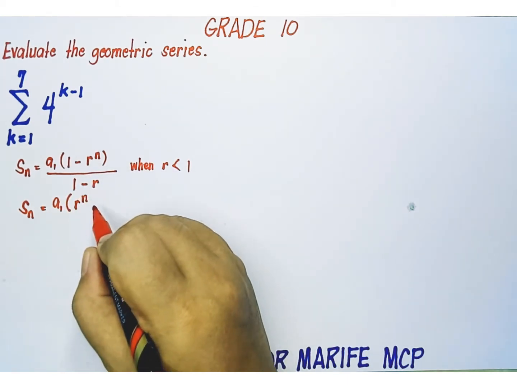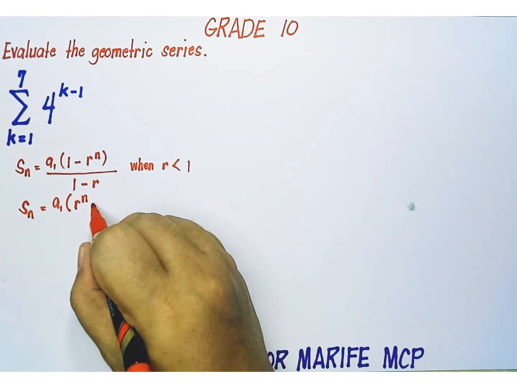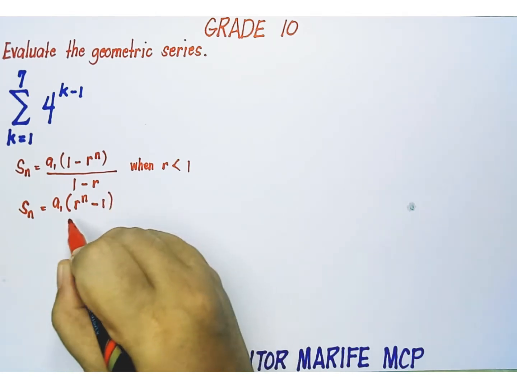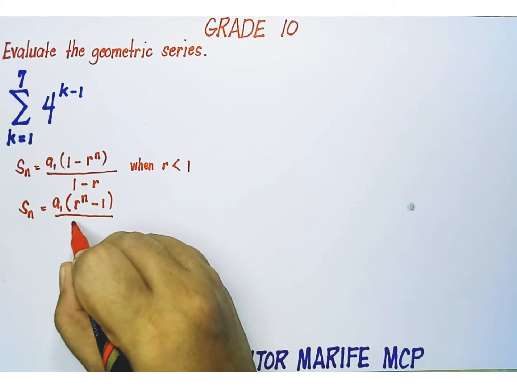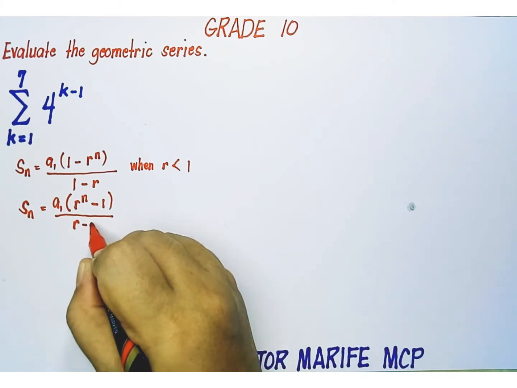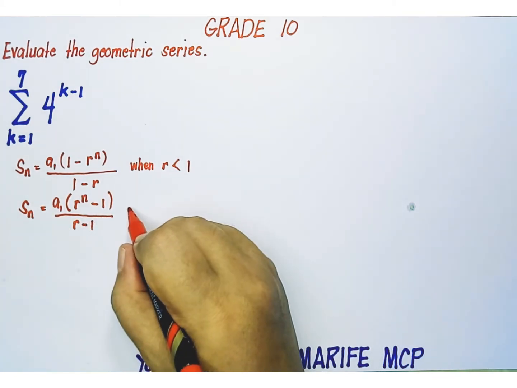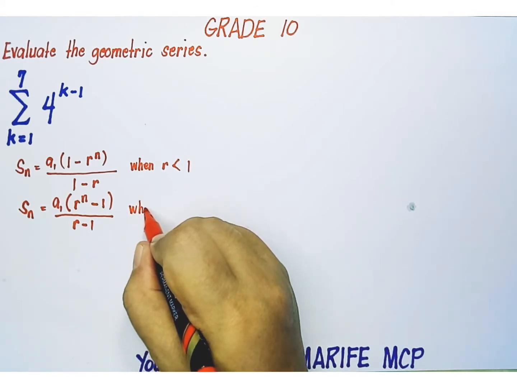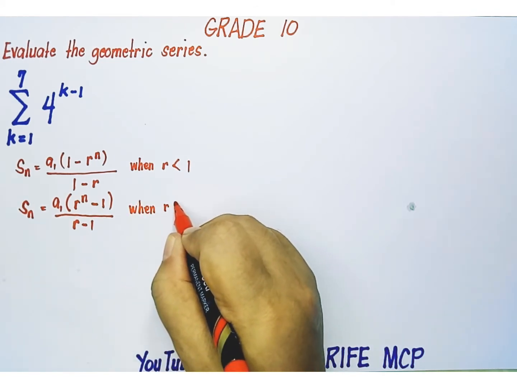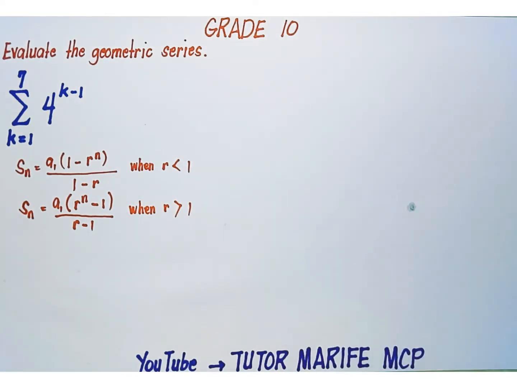Ang nauna ay yung exponential term, nahuli yung 1. Ganon din sa baba. Nauna yung R, nahuli yung 1. You choose this formula when R is greater than 1 naman.